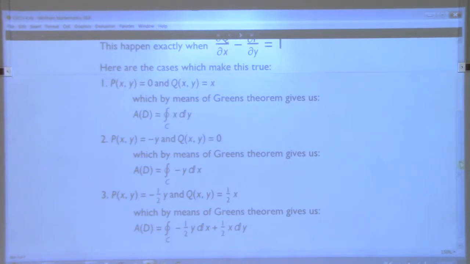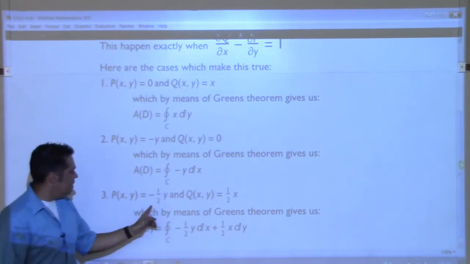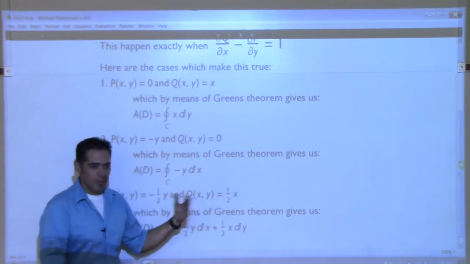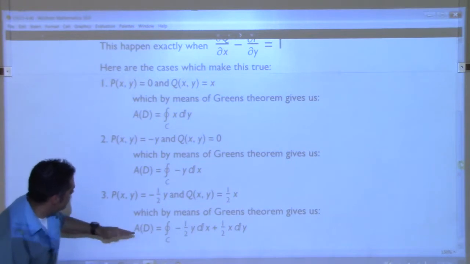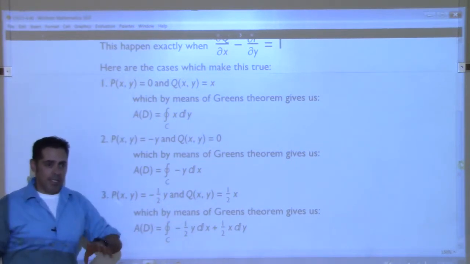And if p is negative y, when you take the partial with respect to y, you get negative 1, then subtract and you get plus, right? So that's another way. And then the third way we won't check, but you could just let p be negative 1/2 y, and the other one be 1/2 x respectively. And if you do those partials, you'll come up with the same thing. So all three of these would all give you the area of D.